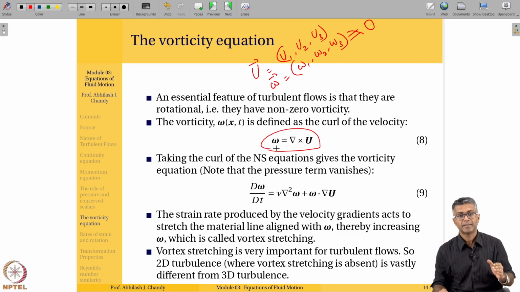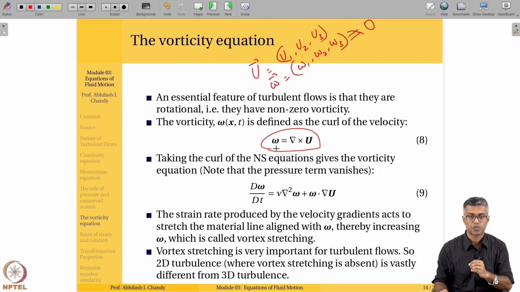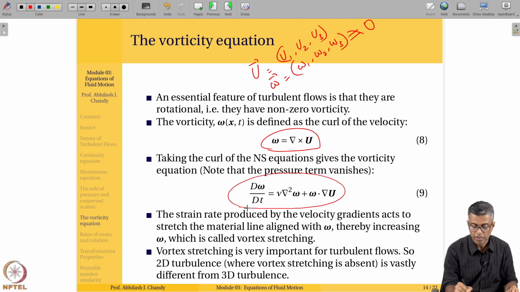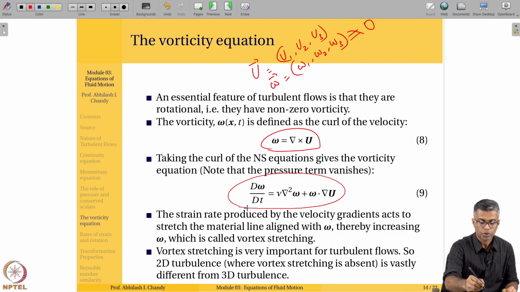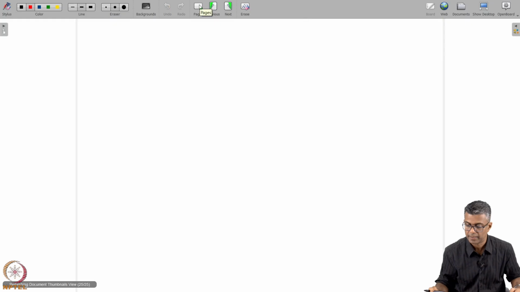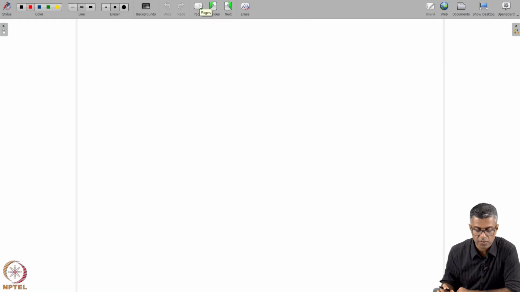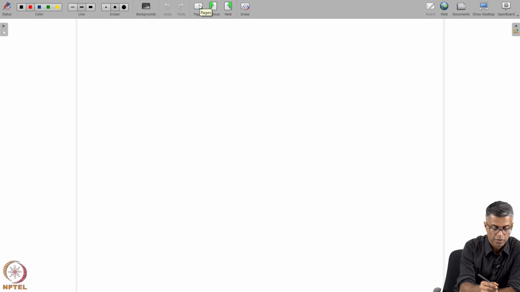And I can derive the governing equation for vorticity by taking the curl of the Navier-Stokes equation, curl of the momentum equation. And you will see that this is that equation here when I take the curl of the momentum equation. So I want to show how we can get that. So I will consider for convenience the vector equation here.